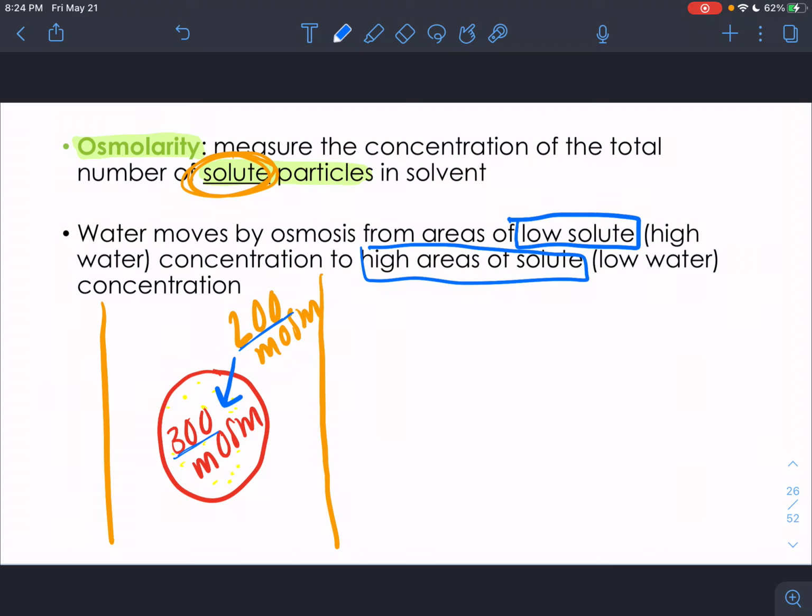I like to think of it like the water is going to dilute these salts in the cell, because we have a higher concentration of salt in the cell compared to out of the cell. So water is always going to move from areas of low solute concentration to high solute concentration.